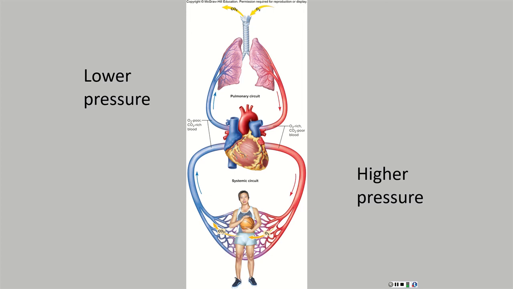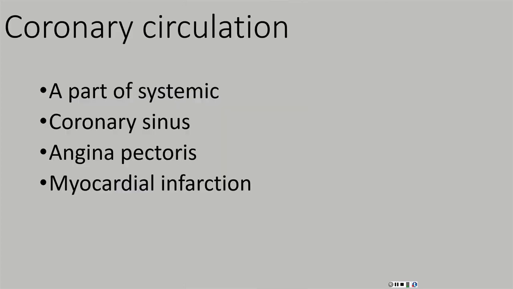And lactic acid, which is an acid, starts to hurt. It starts to burn as it builds up in those muscle cells. And that burning sensation kind of feels like a crushing pain in your chest. And that's called angina pectoris. That literally just means pain in the chest.